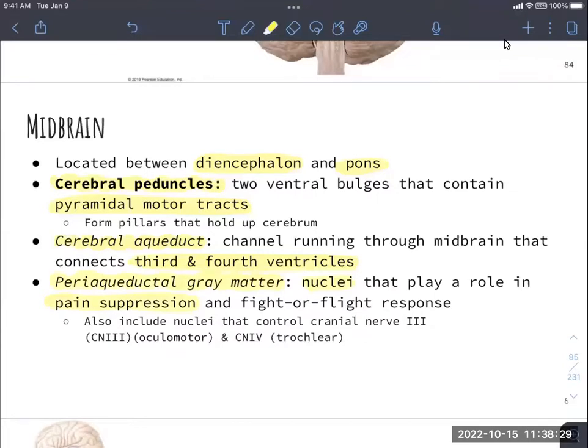Like if something hurts, there's nerves down in your body that, if something is in pain, will constantly send sensory information up to the cerebrum saying, I'm hurting, I'm hurting, I'm hurting, over and over and over again. Well, this periaqueductal gray matter will suppress some of those pain signals. So not all of them go to the brain.